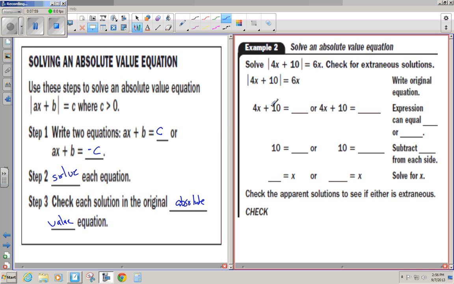Step 1 says to write two equations where the expression is equal to the positive right side or the negative right side. Expressions can equal c or negative c. Step 2 says to solve. So you're going to subtract 4x from both sides.